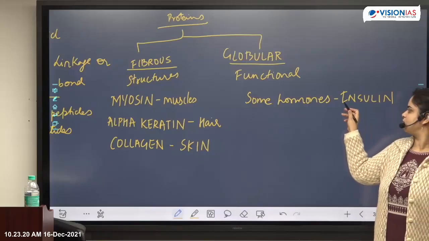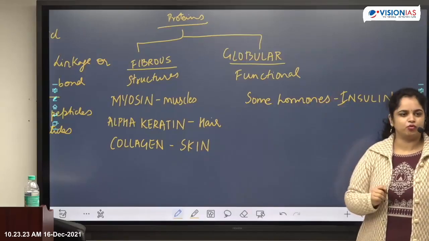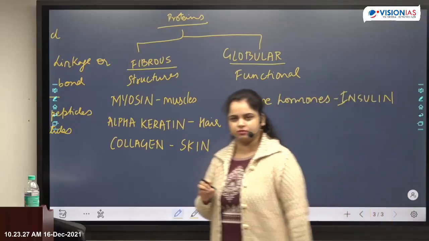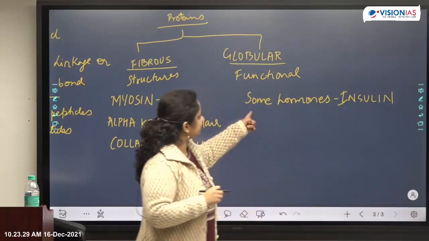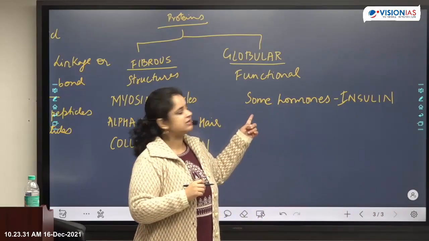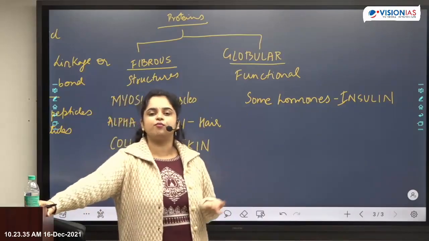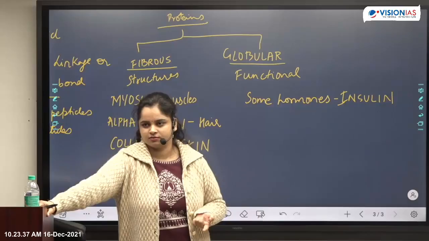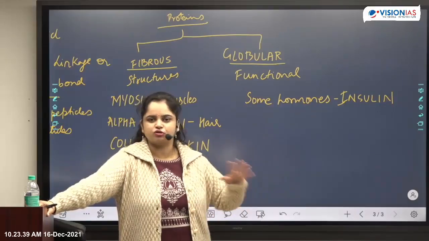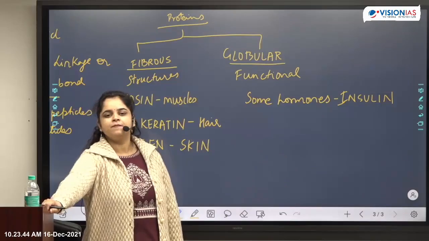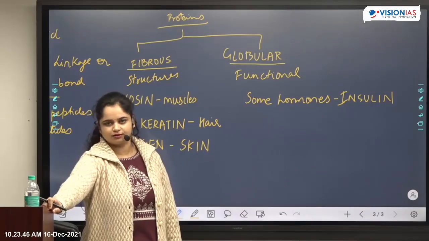So the hormone insulin is a protein. What protein? It is a globular protein. Please focus on the word some. When I have mentioned some, that means I want to specify that all hormones are not proteins. Okay, hormones can be fats also or any other thing, but this particular hormone insulin, this is a globular protein.